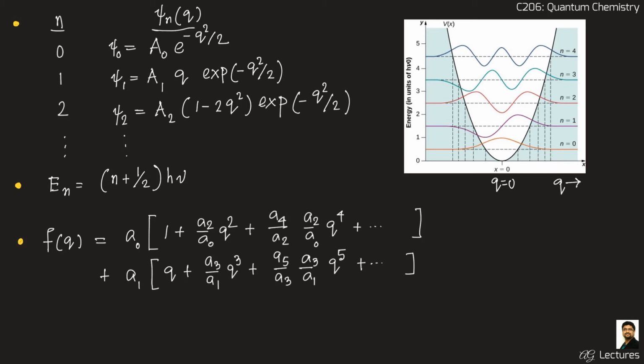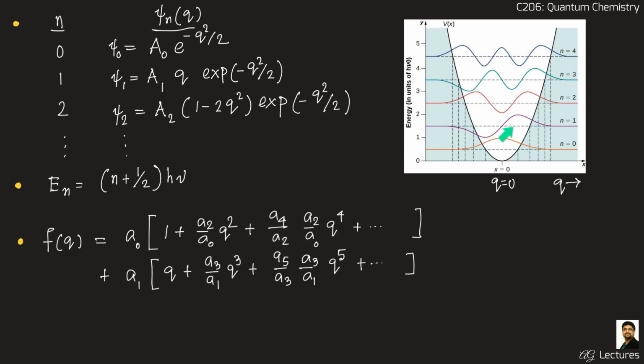What's the second one? Second one should be E1, then it is 1 plus half, so it's basically 3 over 2 h nu, and that is exactly where this has been placed, 1.5. That is the energy level, right? And as this is the energy level, this line is showing the classical limit, because the potential is more than this energy beyond this point.